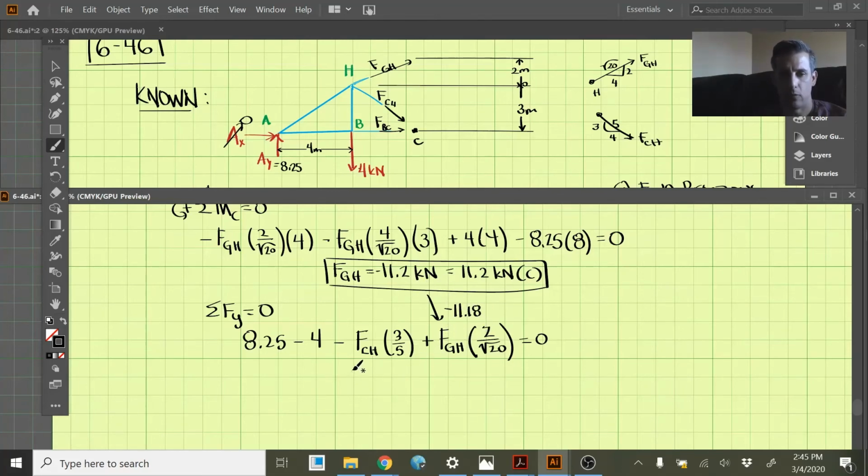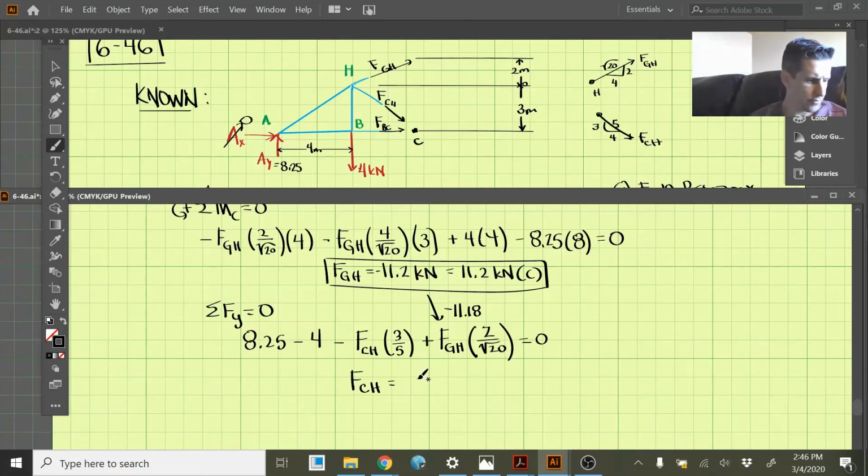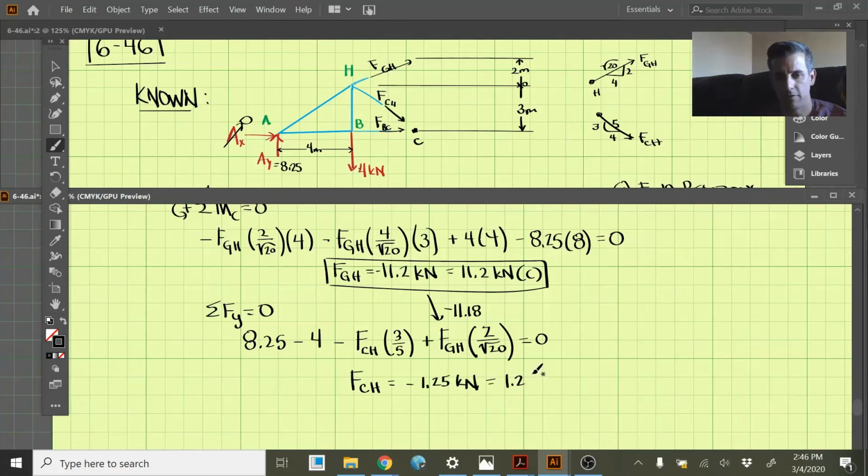Put that in, and we come out FCH is equal to, let's see here, 1.25. Make sure I get this right. It actually turns out to be negative 1.25 kilonewtons, which is 1.25 kilonewtons in compression.